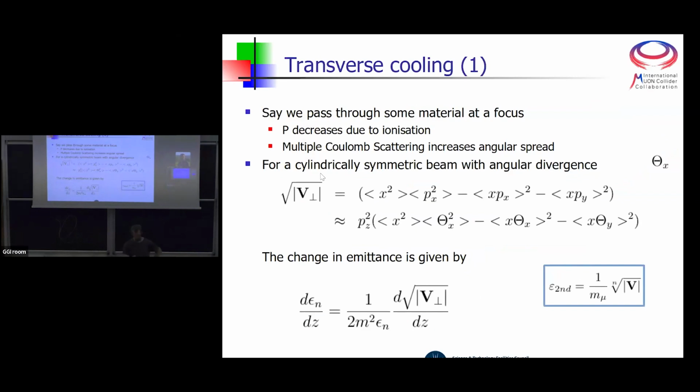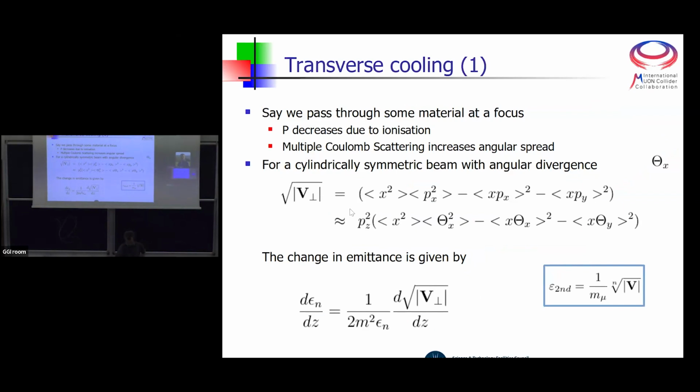So let's go back to this covariance matrix, this emittance equation V. So this is what I'm doing here. I've just simplified this equation so that it's cylindrically symmetric. So I've taken out the terms with a y in, just because they actually come out here.